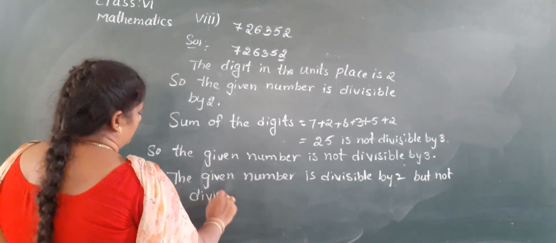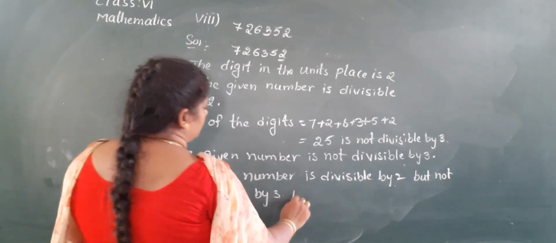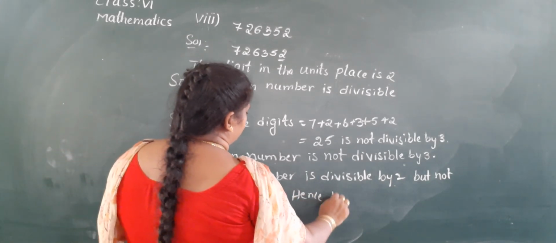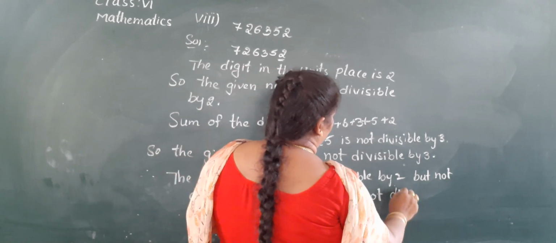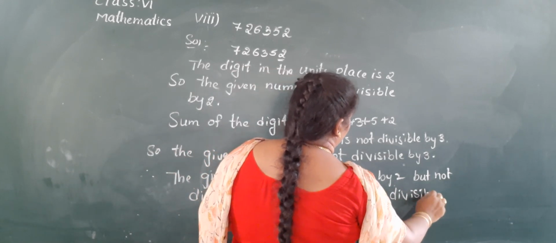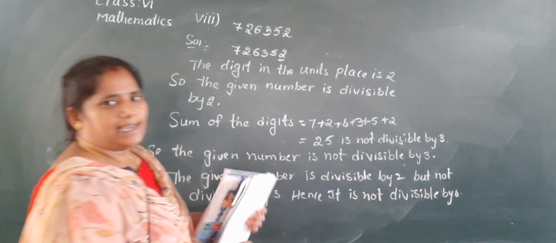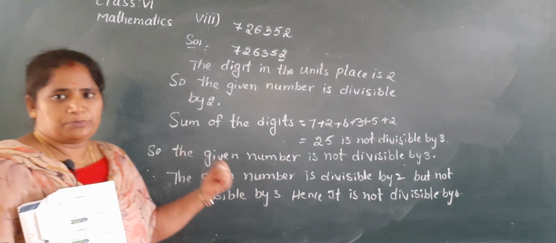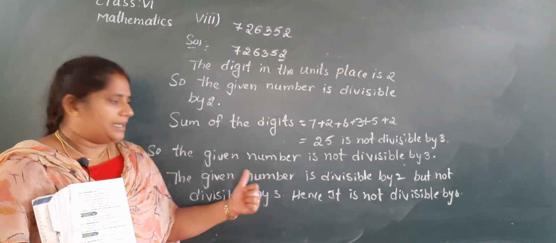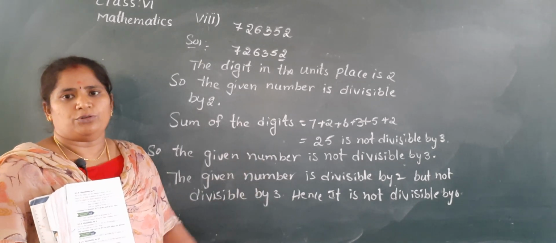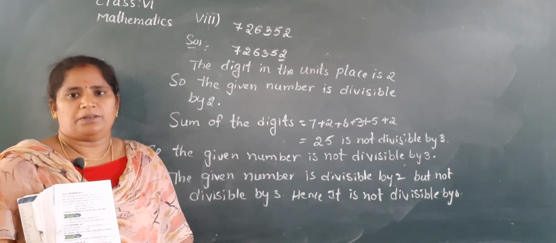Hence, it is not divisible by 6. Okay. So what is the divisibility by 6? If the number is divisible by both 2 and 3, then only it is divisible by 6. But here the given number is divisible by 2 only, but it is not divisible by 3. Hence it is not divisible by 6.